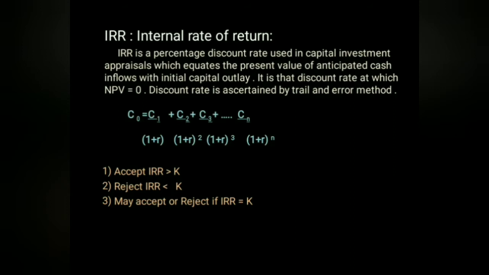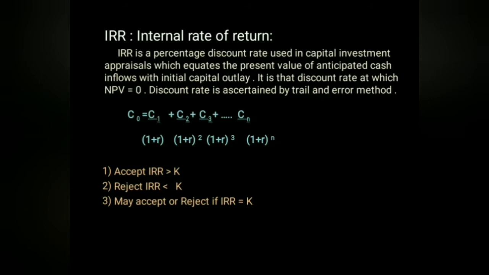For example, the IRR is 12% and the required rate of return of the company is 15%, which means the project can be rejected. Why? Because IRR is less than the required rate of return. So we need an IRR more than the required rate of return, then only we will accept.